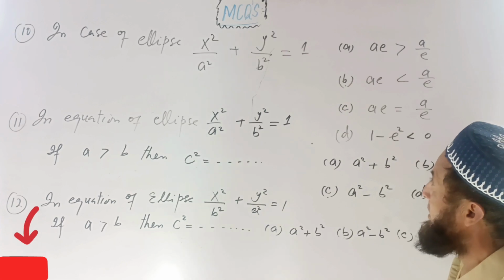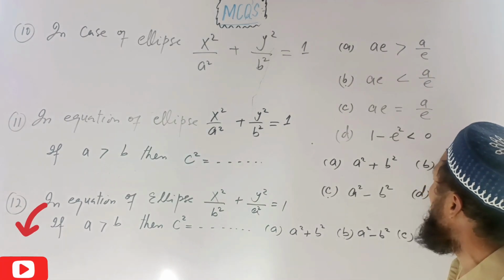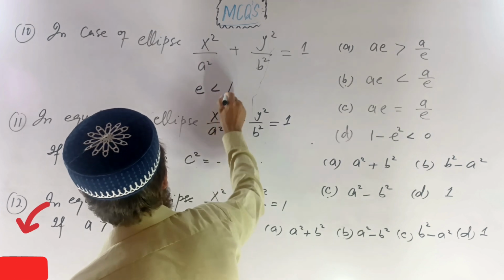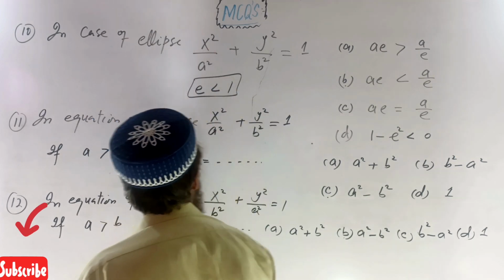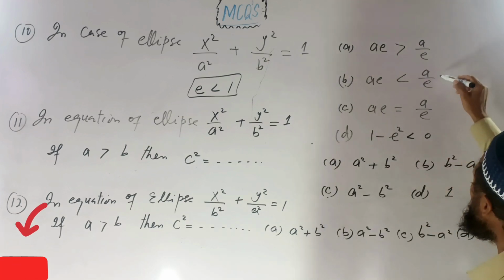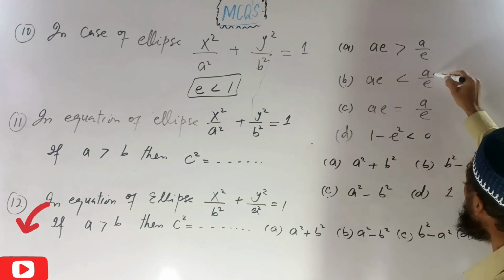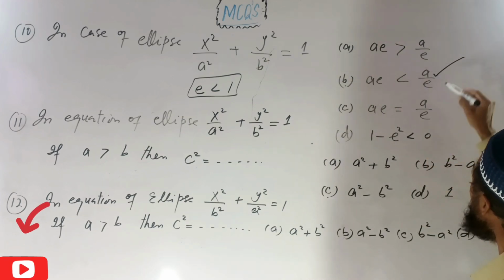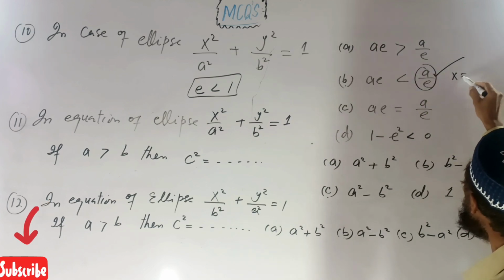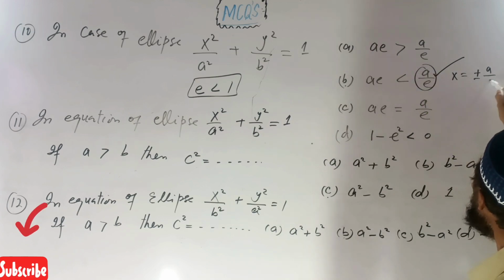For the eccentricity, we already know that e must be less than 1. But from here, the directrix line is given. It means that this condition is correct because here the directrix is x equal to plus minus a divided by e.